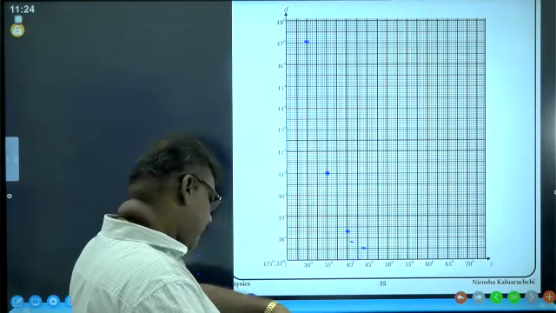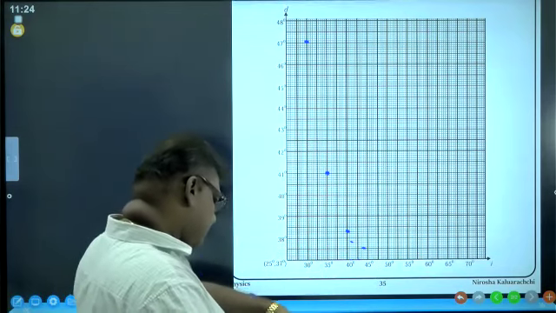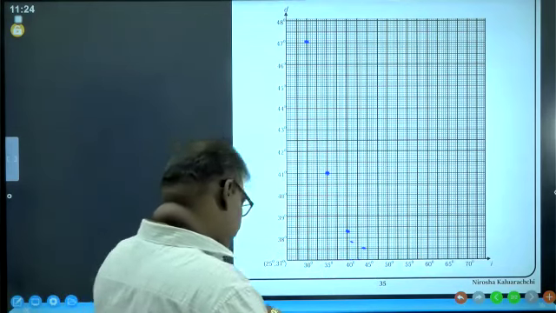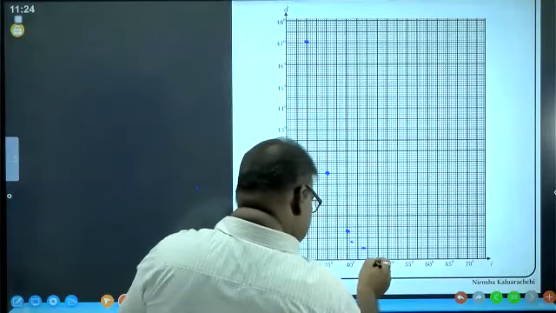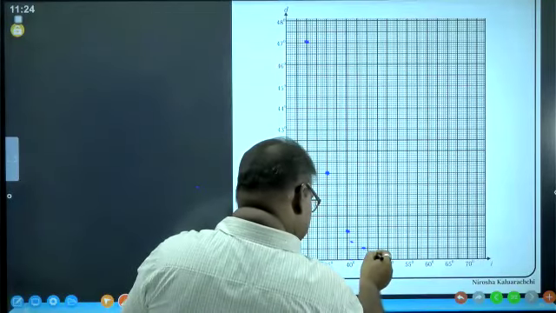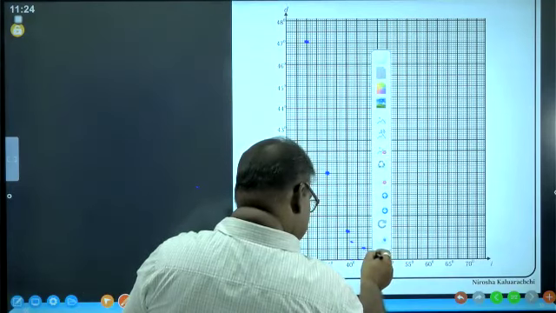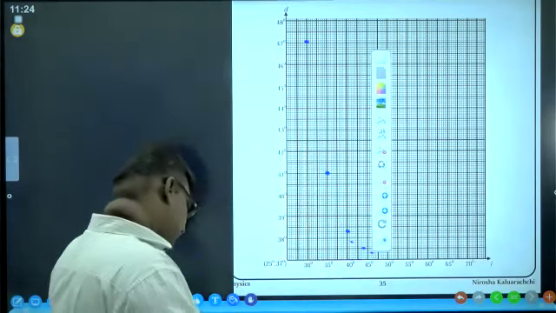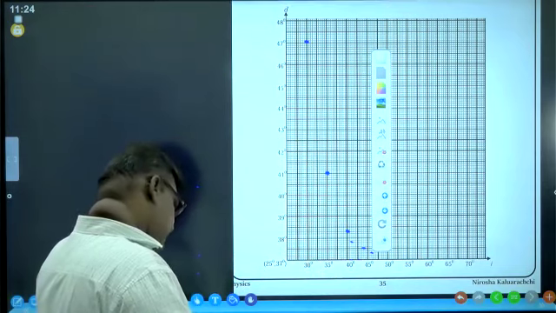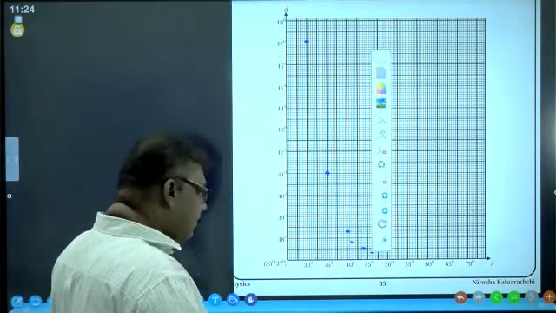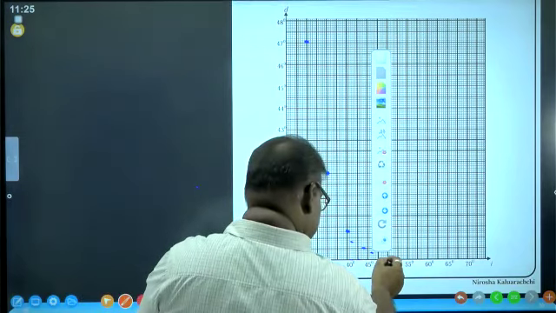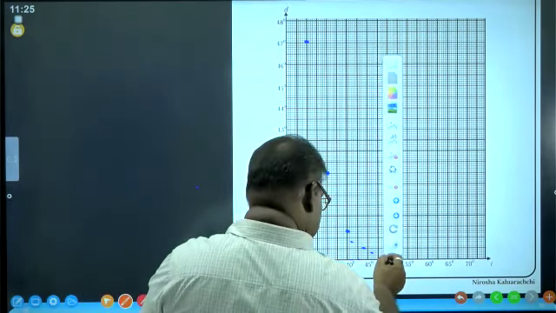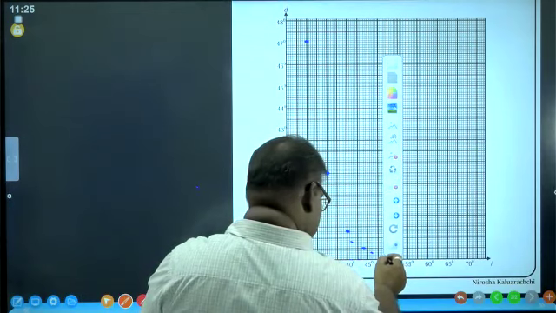Label in position. 46, 37 17. 46, 37 70. Right here. 48, 37 10. 48, 37 10. Right here.